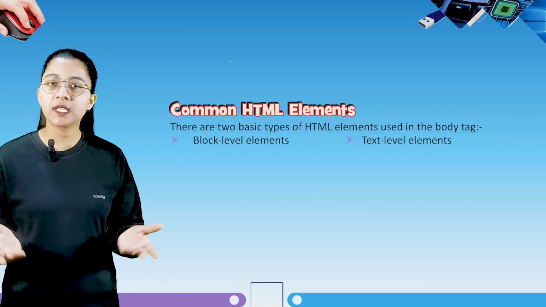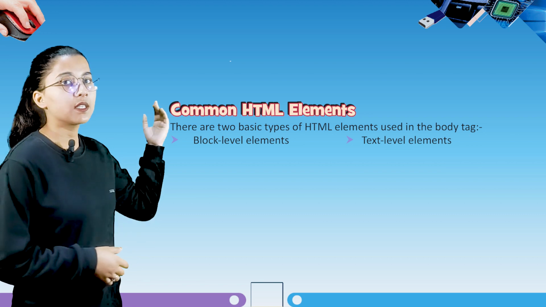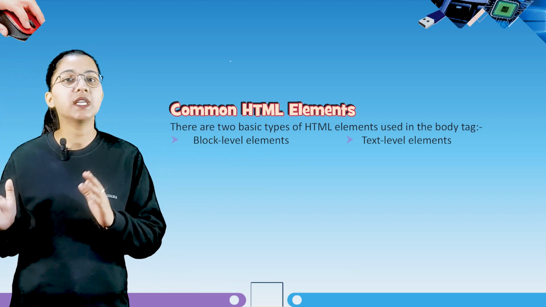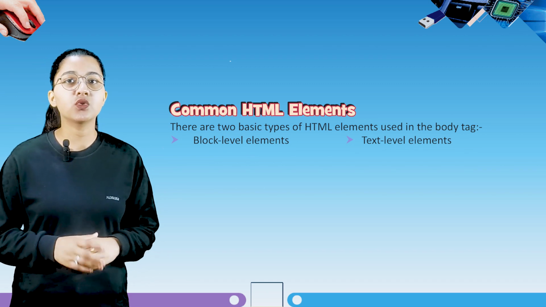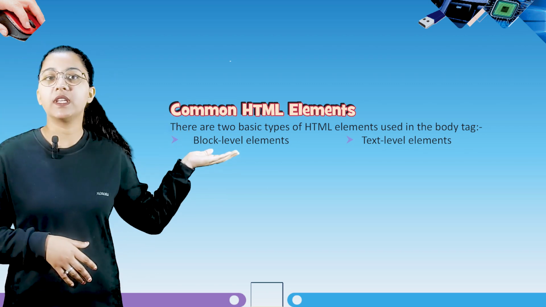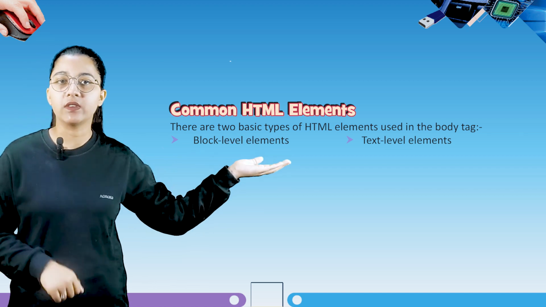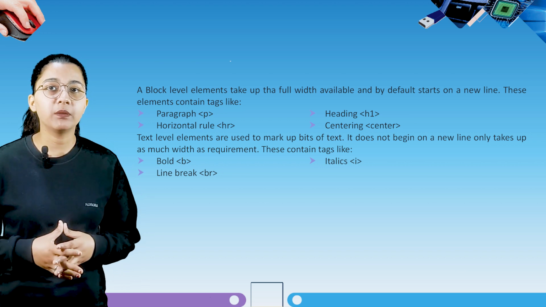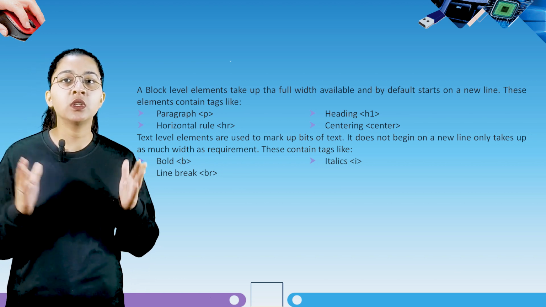So now students, let's jump to our next topic, that is common HTML elements. So there are two basic types of HTML elements used in the body tag. These are first block level element and then next text level element. A block level element takes up the full width available and by default starts on a new line.